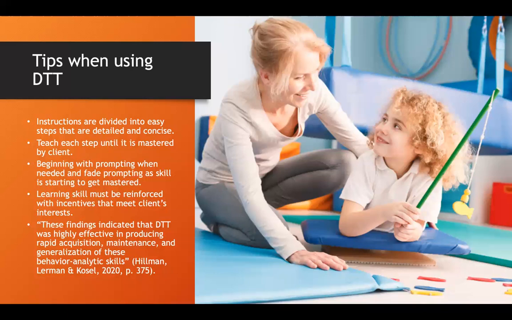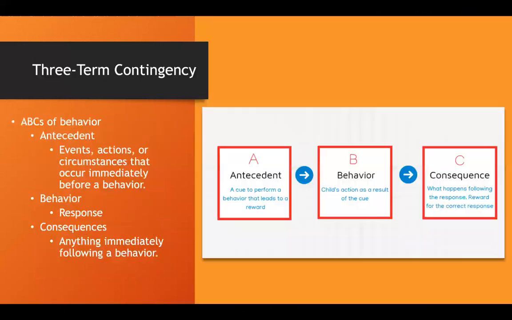Plus, it also seemed to encourage maintenance of behavior and generalization of the skill in all sorts of different types of environments. As for maintenance and generalization, once we get towards the end of this PowerPoint, we will talk more in detail about what exactly these terms mean and what they would mean for your client specifically.